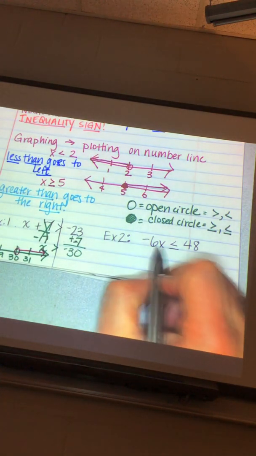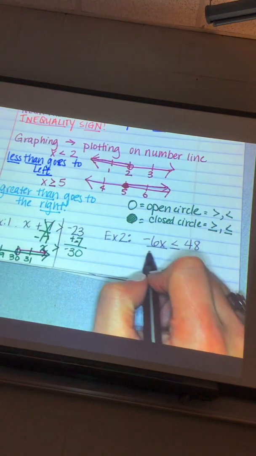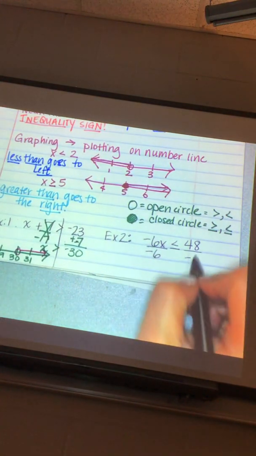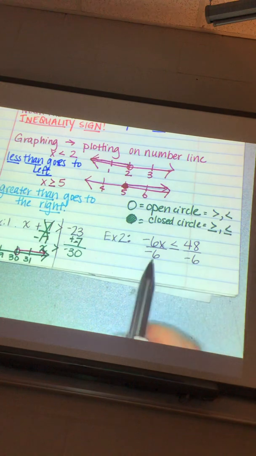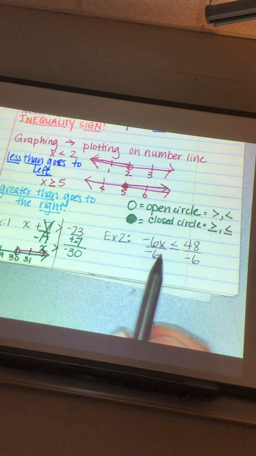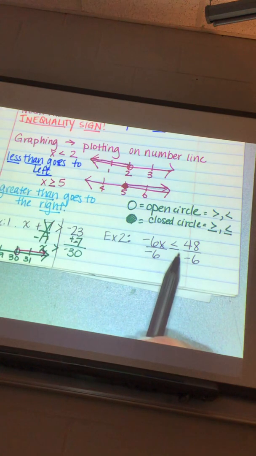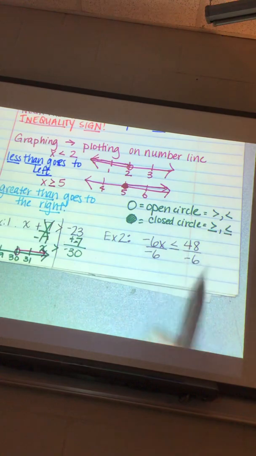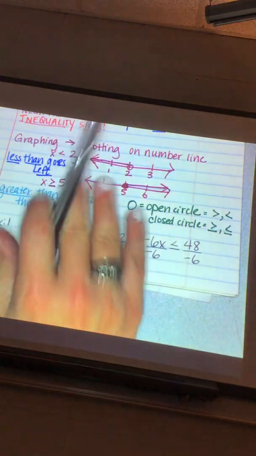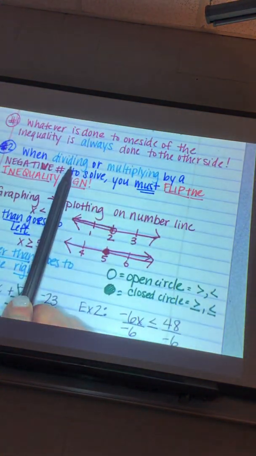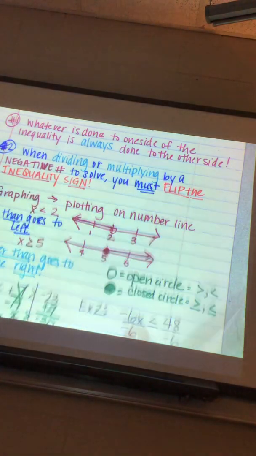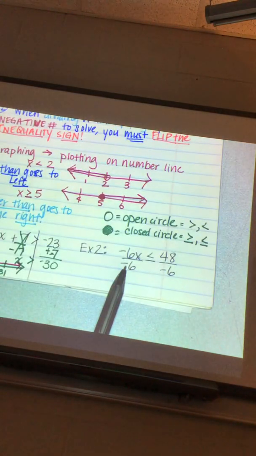We're going to divide by negative 6 on both sides. But anytime you say to yourself, divide by a negative or multiply by a negative in an inequality, an alarm should go off in your head. Bang, bang, bang, bang. It should tell you, flip the sign, flip the sign. Because you are dividing by a negative 6, we have to flip that sign.